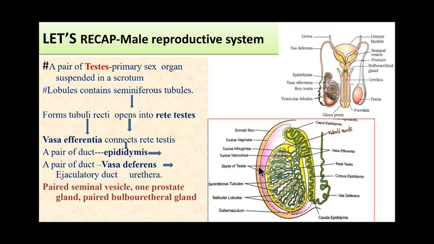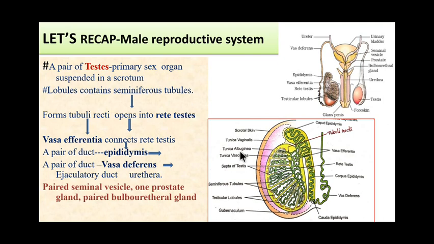Then there were protective coverings: the tunica vaginalis, tunica albuginea, and tunica vasculosa. Of these three coverings, the tunica albuginea was the major covering of the testis.